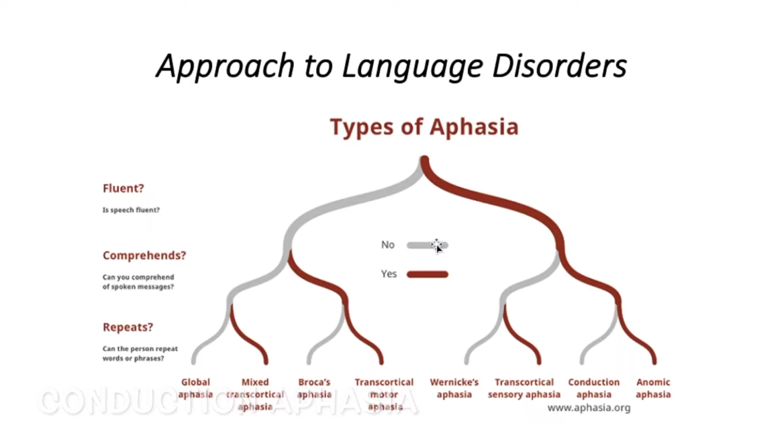Now, to understand aphasia as an undergrad is very easy. Firstly, we normally test for fluency. If the patient is fluent, which means he's not struggling with the words and you cannot count the number of words he's saying, then the next thing you do is test comprehension.